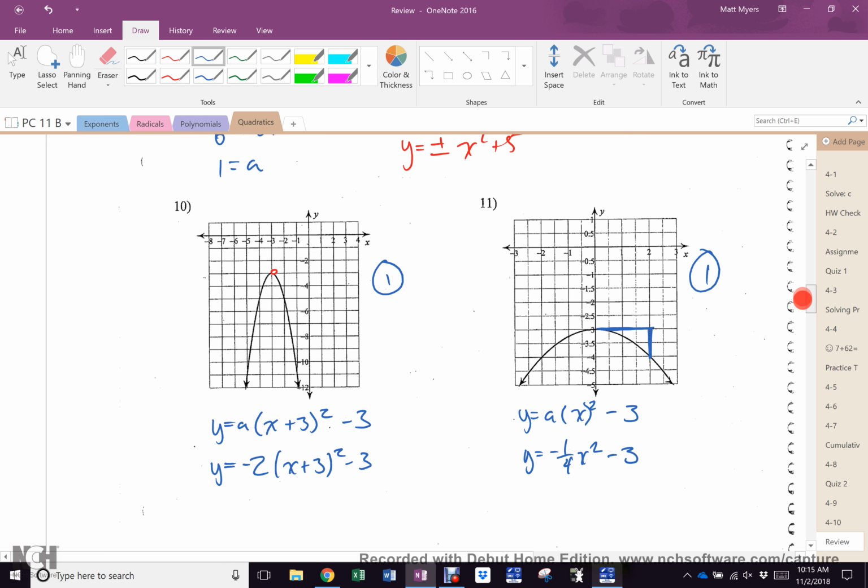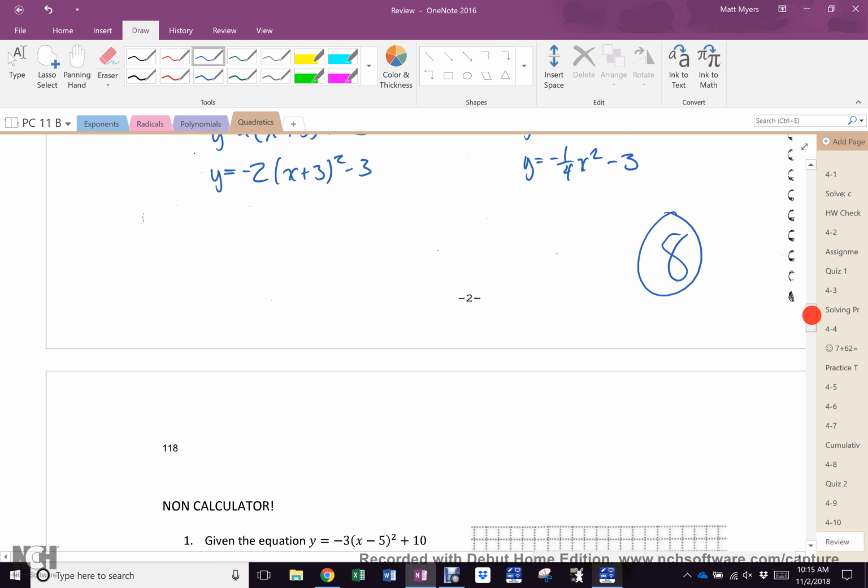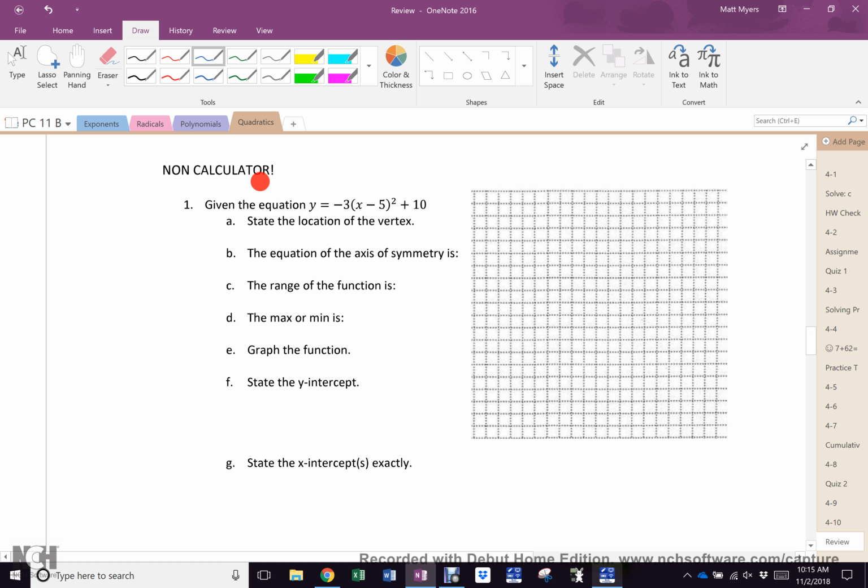2, 4, 6, 8. Who do we appreciate? Math, rah, rah, rah. No calculator means what? No graphing calculator. Because some of you need your calculators to do things like 10 minus 7. I'm not joking, Lucas. I see kids reach for their calculator for 10 minus 7. It's hurtful to me as a math teacher.